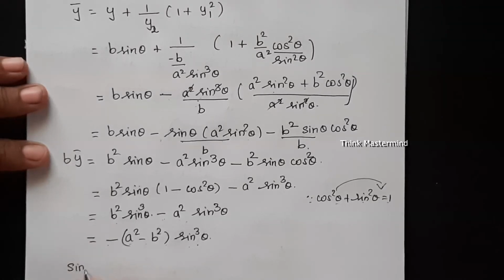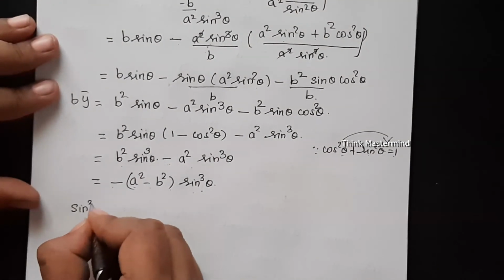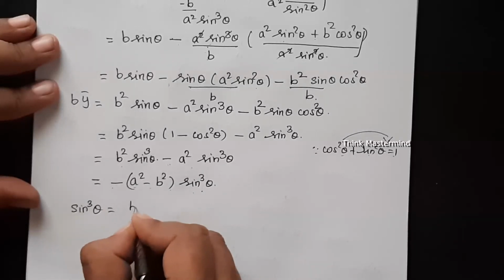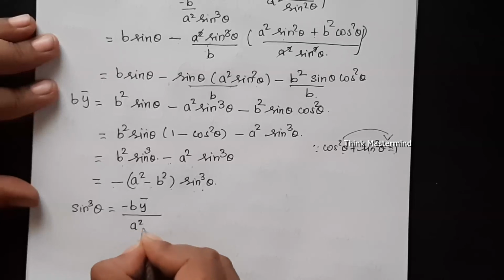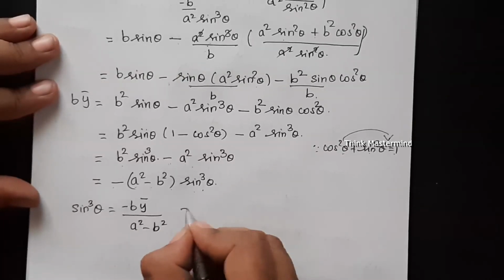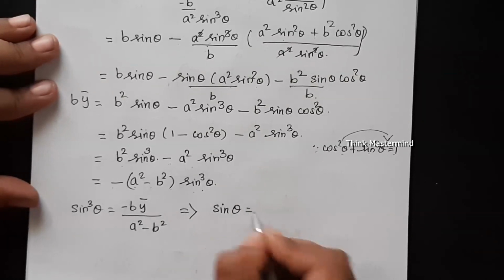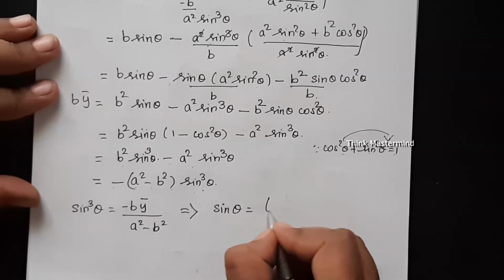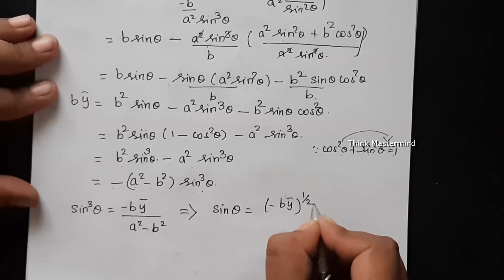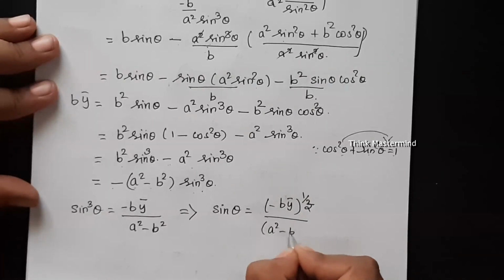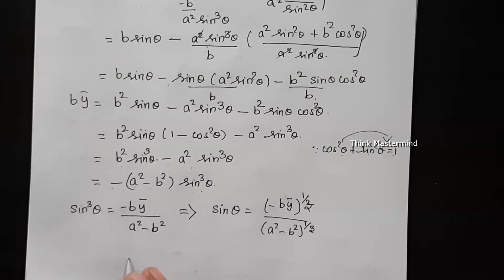So again from this equation I have to find what is the sin theta. So sin cube theta is equal to minus b y bar divided by a squared minus b squared. From this I can find what is the sin theta. Similarly, sin theta is equal to (minus b y bar) whole power 1 by 3 into (a squared minus b squared) whole power 1 by 3. Again I have to use the identity.